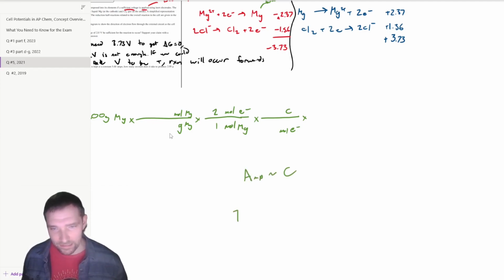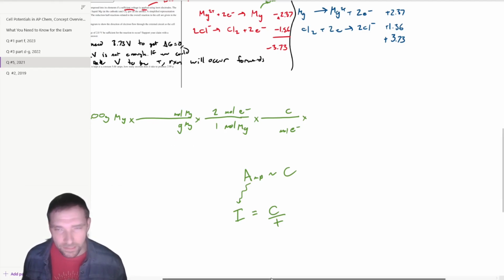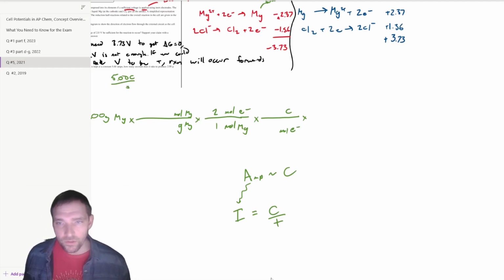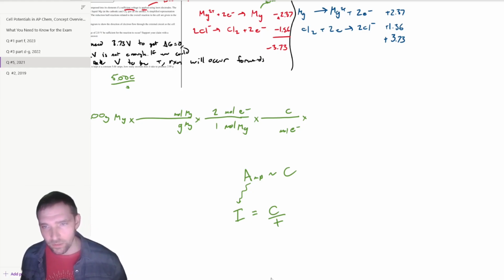So that's got to be amperes, that's got to be coulombs over time. So if we're thinking about the C here, then we can relate that to the time through this amperes. That 5 amps is 5.00 coulombs per second.